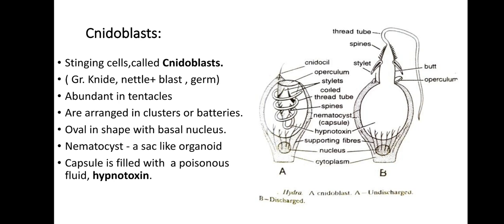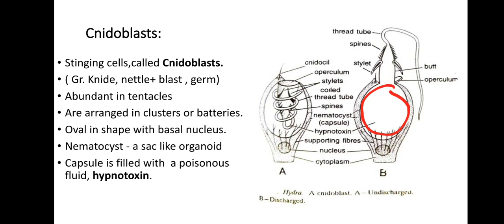And where is this hypnotoxin present? It is present in the capsule part of the nematocyst. Nema refers to a thread, and cyst is the capsule-like organoid that has a thread, so it is called a nematocyst. It is not a cell, it is not a nematocyte.